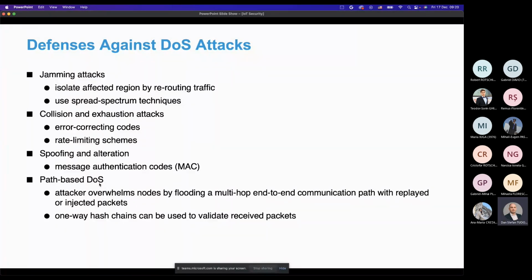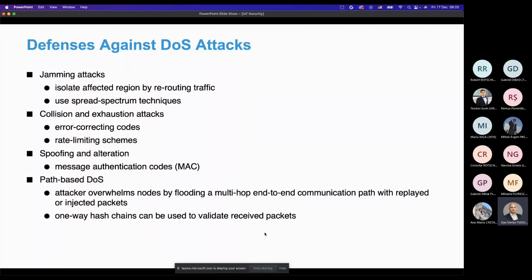You can try to avoid such denial of service attacks by having one-way hash chains. These are sequences of numbers where it is trivial to compute a function, but it is computationally infeasible to compute the inverse of this function.